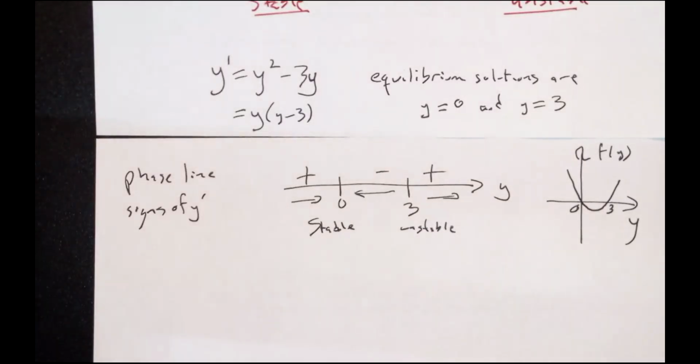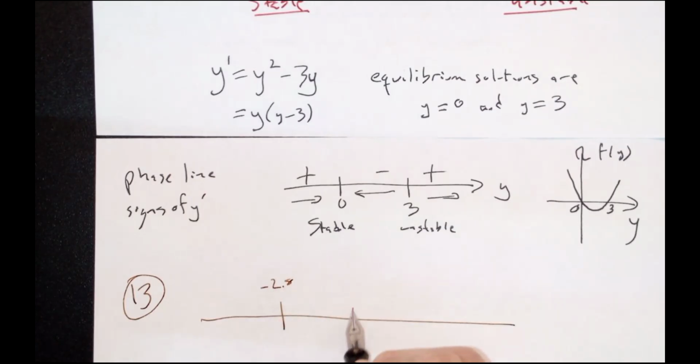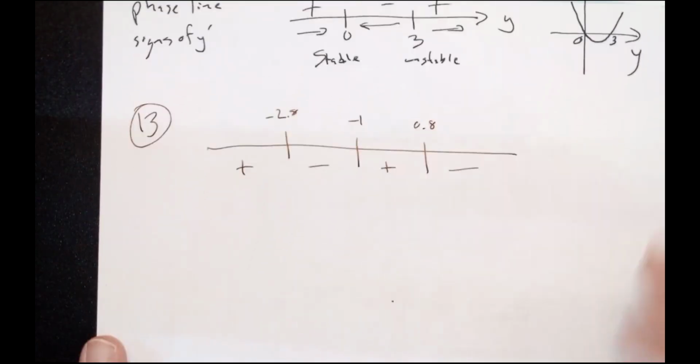Which means I can make this picture without knowing anything about the equation at all. And it was plus, minus, plus, minus. I don't have anything else. But I know right now which of these equilibriums are stable and which of these are unstable.